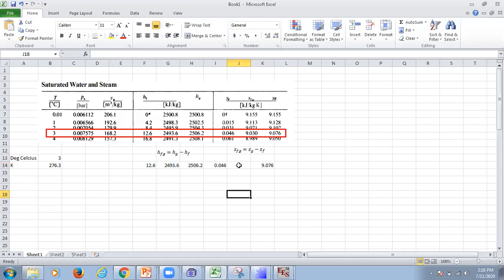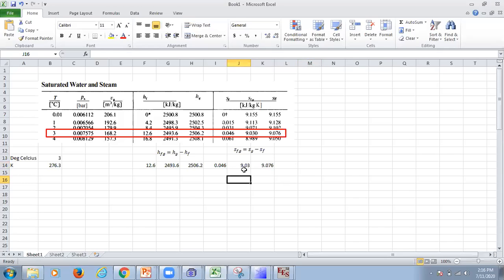So you can write the formula: sfg is sg minus sf. See, 9.030, it's the same.